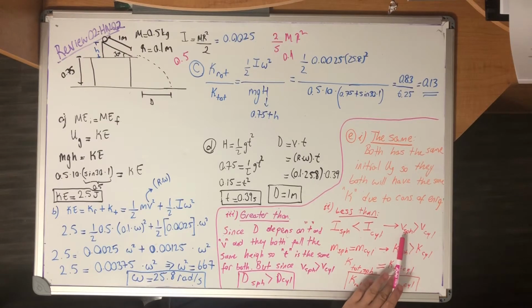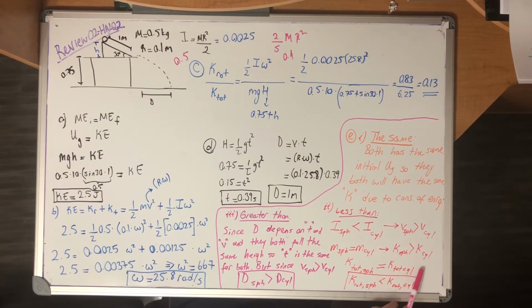That means the velocity of the sphere will be more than the velocity of the cylinder. So velocity is more, but what do we know about the mass? It's the same mass. So in this case, what are we going to conclude? The translational kinetic energy of the sphere is greater than the translational kinetic energy of the cylinder.